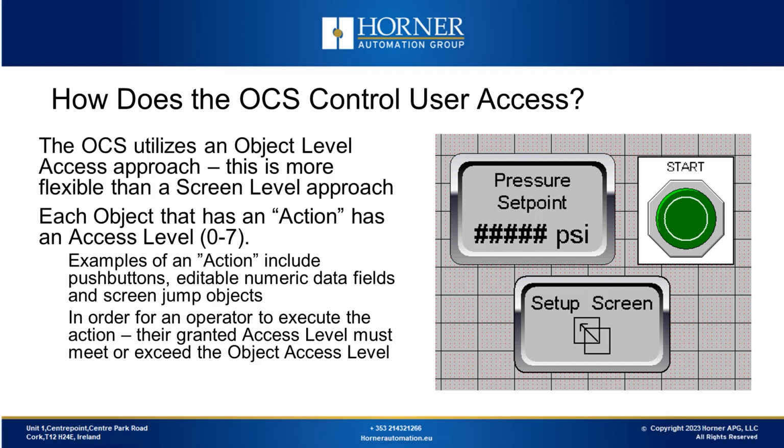Instead, it ensures that multiple operators can view the same screen while limiting their ability to perform actions on certain objects based on their credentials. These actions include changing set points, toggling bits, or switching screens.